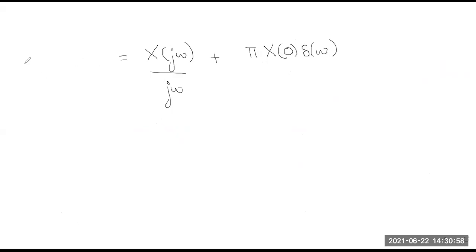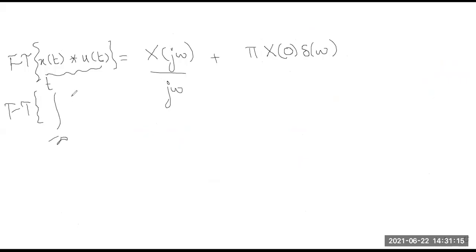Now, what have we found here? We have found the Fourier transform of x of t convolved with u of t. But we already know that this thing is actually the integral from minus infinity to t of x of tau d tau.